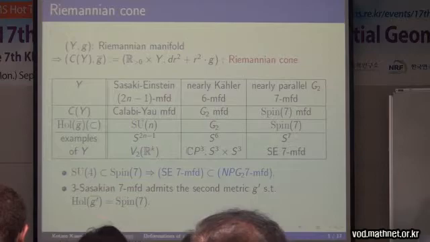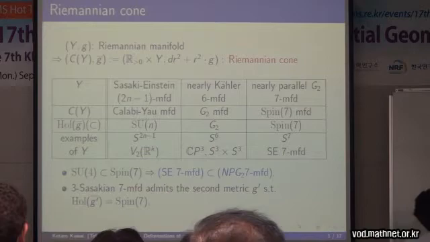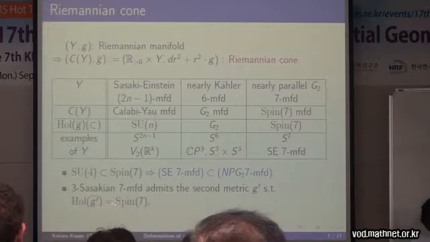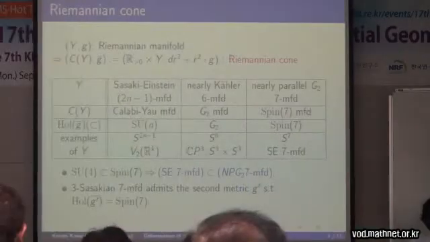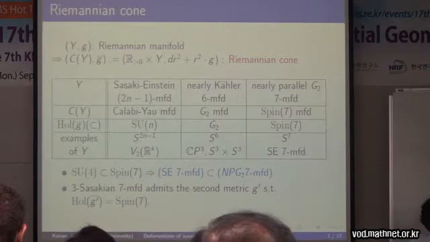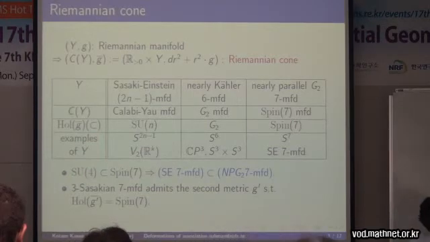But moreover, a 3-Sasakian 7-manifold admits a second metric g-prime whose cone holonomy group is equal to Spin(7). So we have many examples of nearly parallel G2 manifolds.